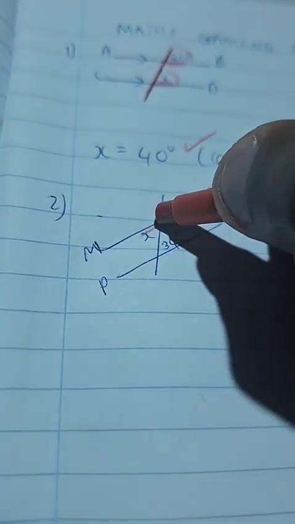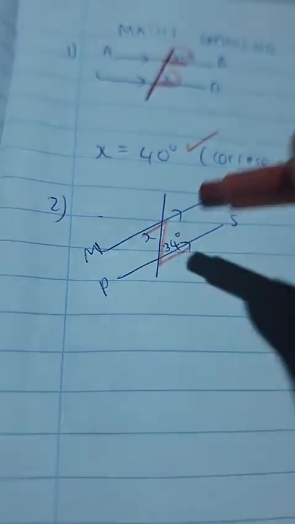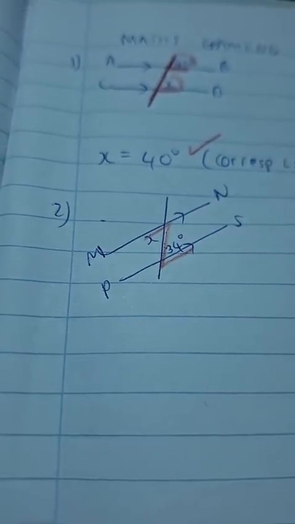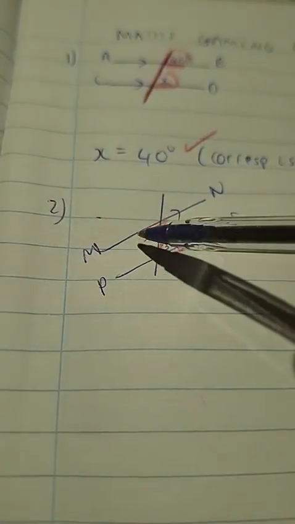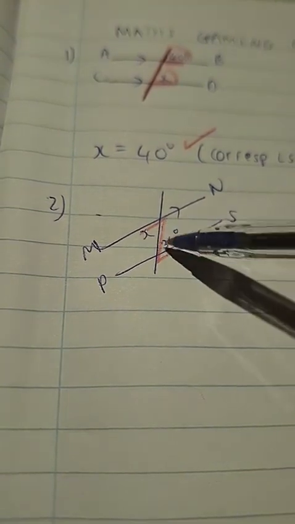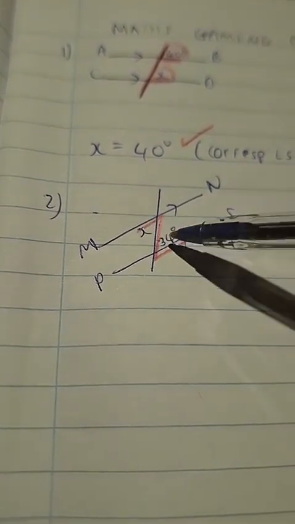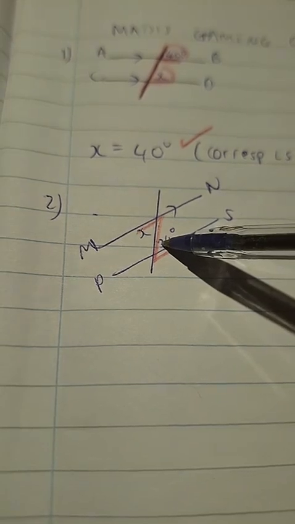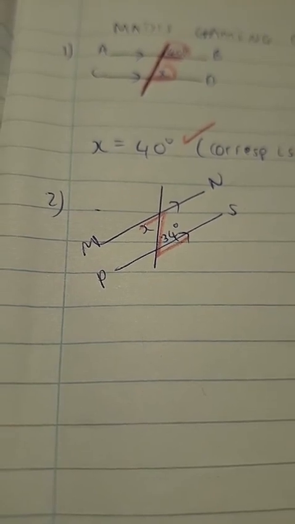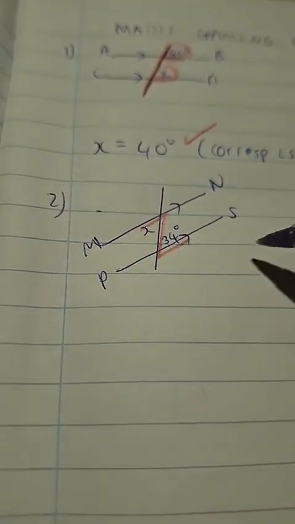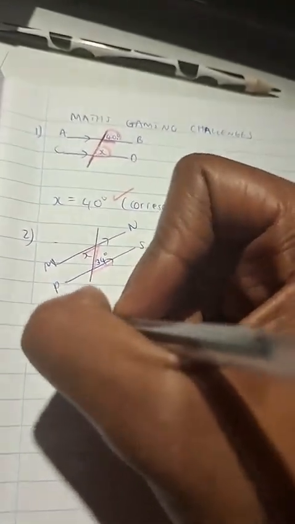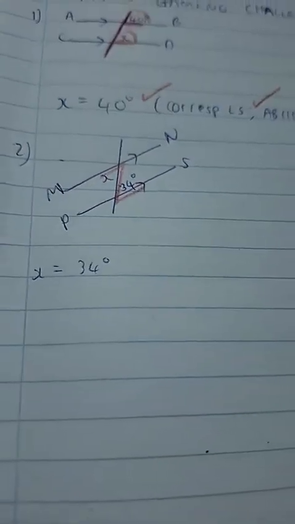Well, it would seem that the Z shape is formed, because this angle and that angle are in that Z shape, the proper Z. So then we can say what about X? Indeed, X is equal to 34 degrees. What is the reason?